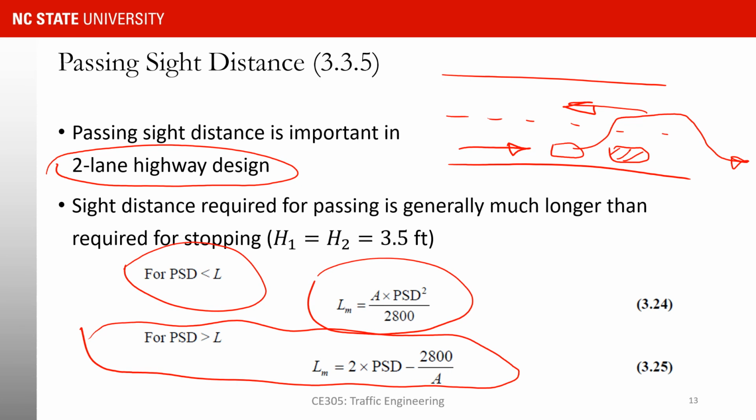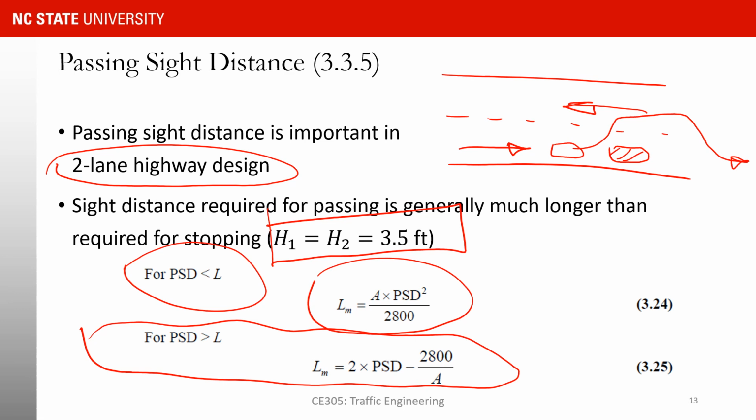Now, one thing that you need to keep in mind is that for passing sight distance, H1 is equal to H2, and both of them are 3.5 feet. Can someone tell me what is this point that we are referring to that is 3.5 feet? Or what do you think that point is? In other cases, it was either the height of the driver's eye or the height of the object.